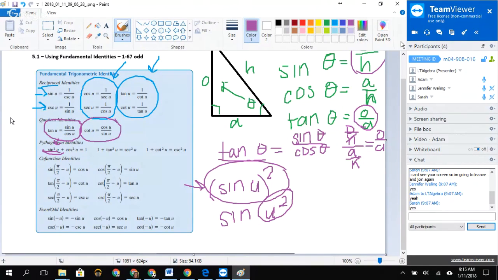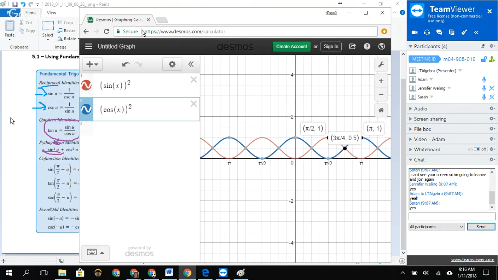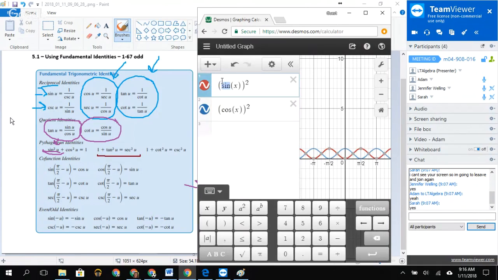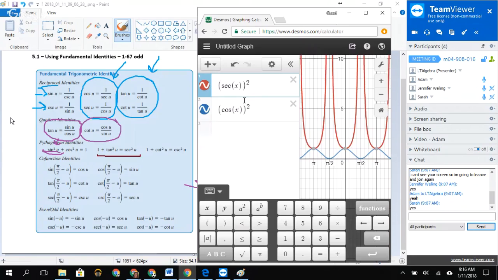We also have the identity that 1 plus the tangent squared of u equals the secant squared of u. So let's look at that a little bit. I promise we won't take this long on every one of them. On one side, we have the secant squared. On the other side, we have the tangent squared. This is before I added the 1 onto the tangent, right?